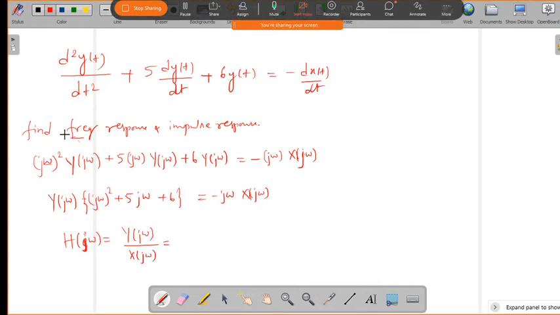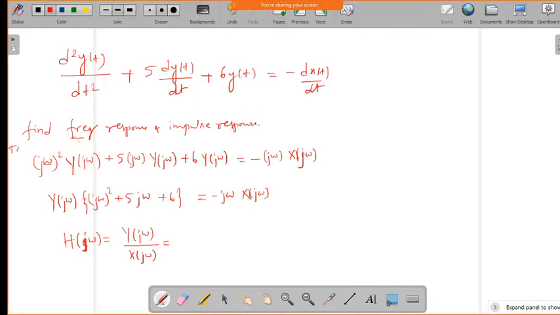Okay, so take the Fourier transform. You will get (j omega) square into Y of j omega plus 5 into j omega into Y of j omega plus 6 into Y of j omega, which will be equal to minus j omega into X of j omega.